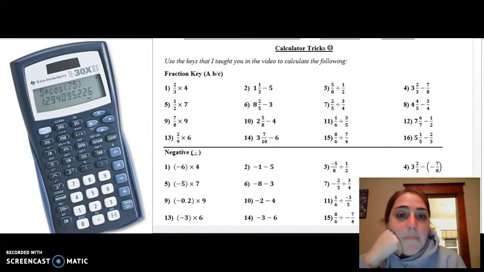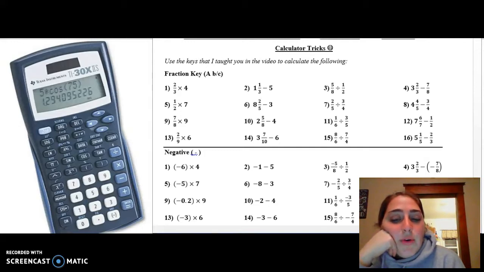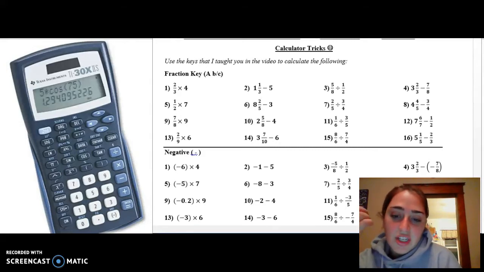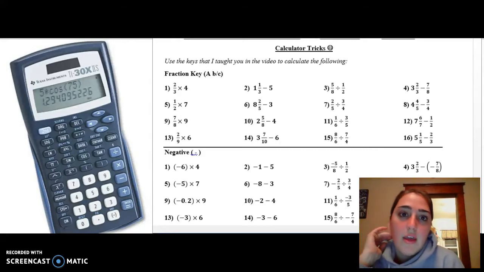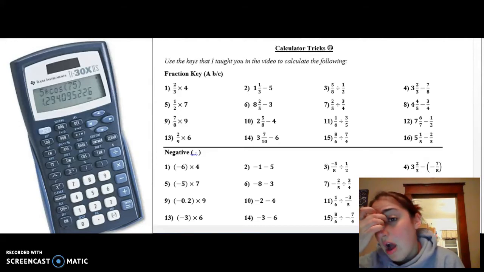So there are so many more things than you guys know that you can do on these calculators, which is great. But one thing I want you to keep in mind for this, we are using calculators now because the goal is not about the computation of the math. The goal is the other processes there.